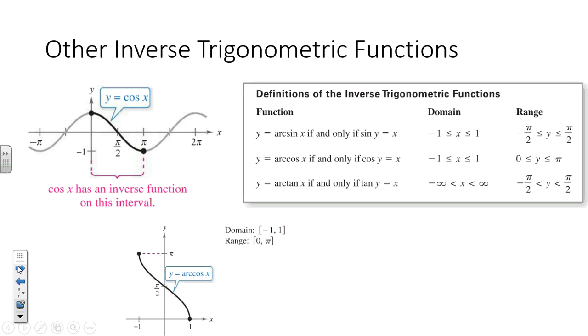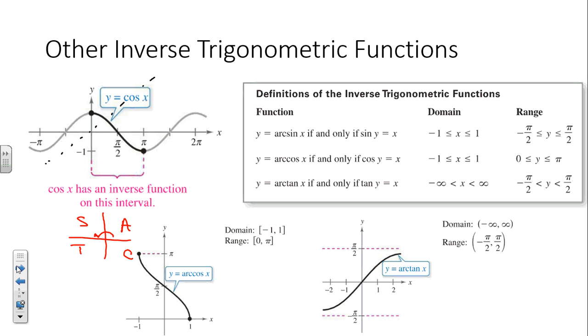All right, so here we go. This is what the arc cosine looks like. Nothing more than a reflection of this portion of the cosine across the line y equals x. And then the arc tangent is going to look like this. And understand that the domain can go on and on and on forever, right?